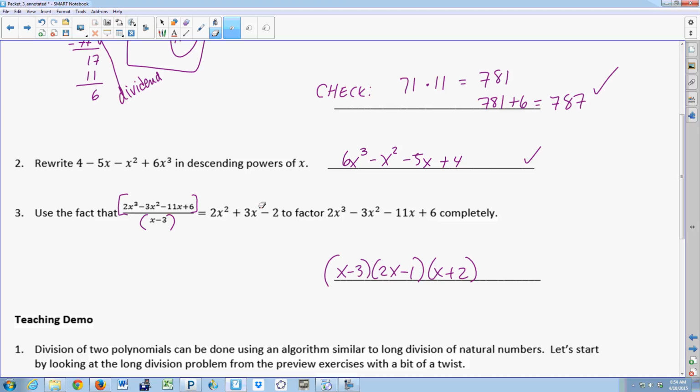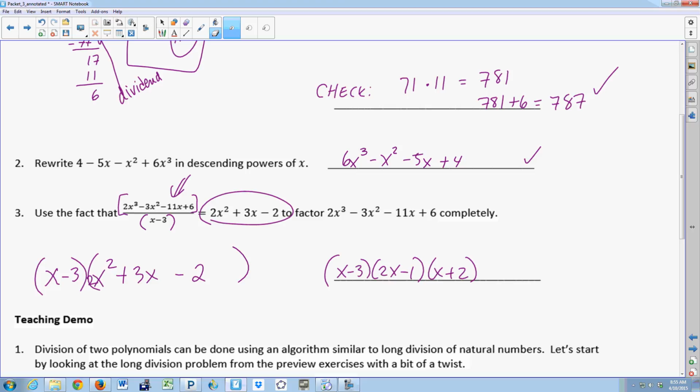Here, because I have no remainder, I know that x minus 3 is already a factor of the dividend. So all I have to do now is take my quotient times my divisor, which is going to equal this, write it times x minus 3, and maybe it's already completely factored, maybe it is not.